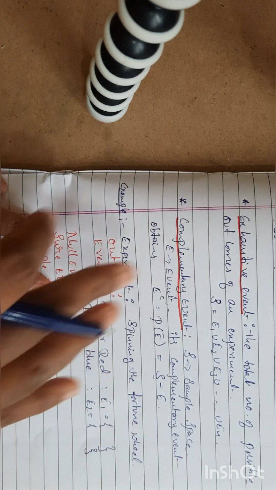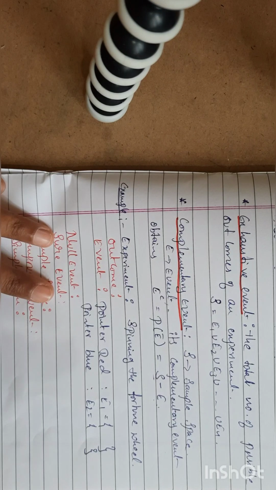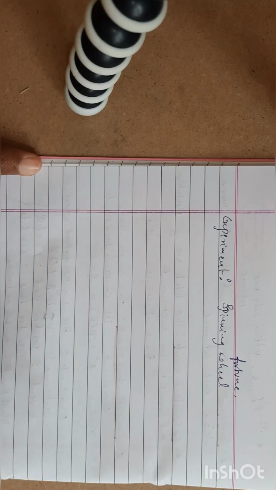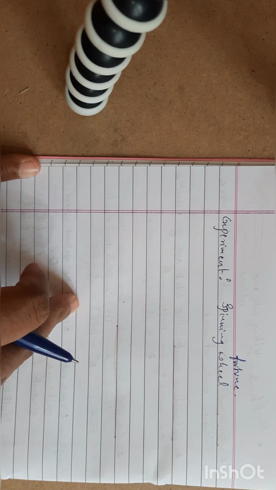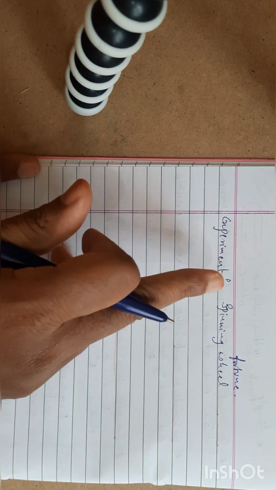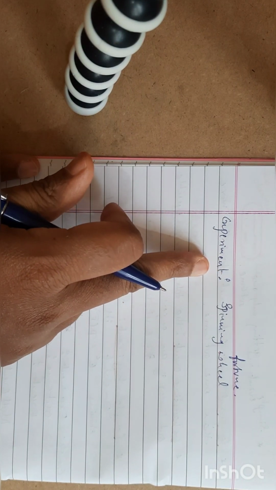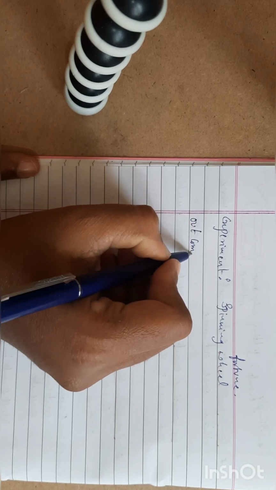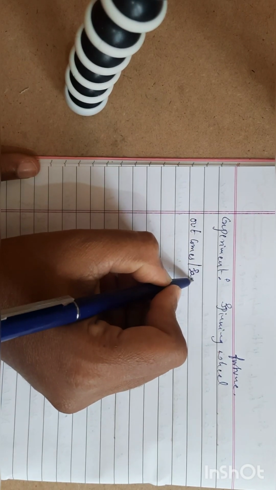These are all definitions. I will take one example to explain easily: spinning a fortune wheel. Here I take it as the experiment. The experiment obtains outcomes, and those outcomes are called the sample space.